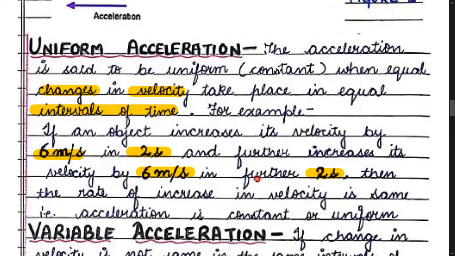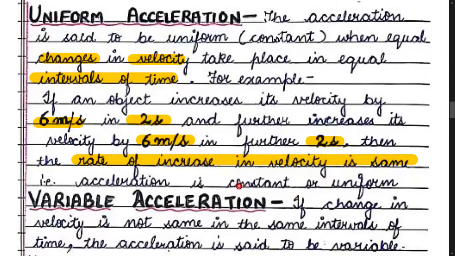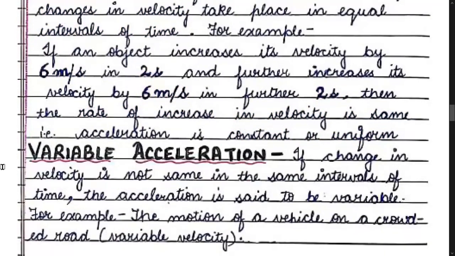After every 2 seconds, velocity is increased by 6 meters per second. So we can say that rate of increase in velocity is same, and same means constant or uniform. So it becomes an example of uniform acceleration.